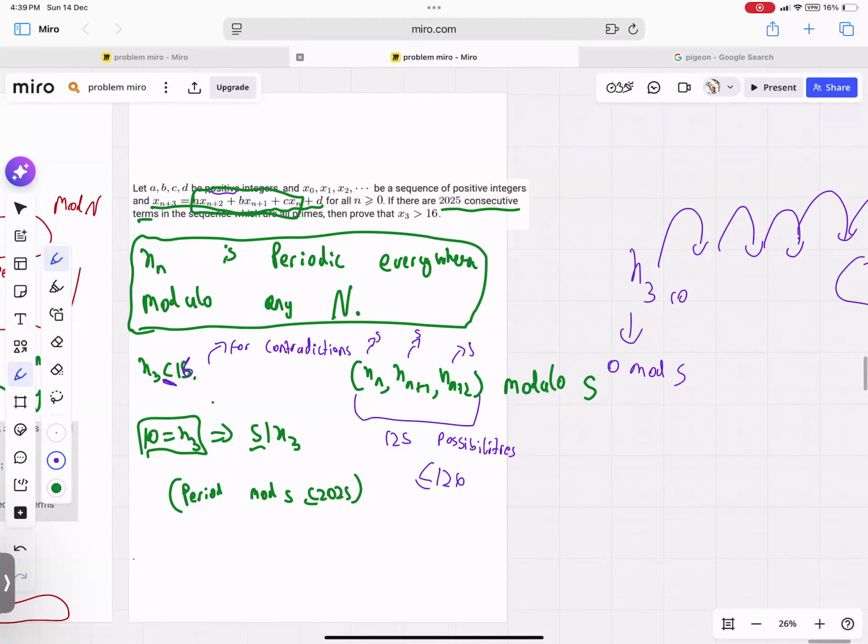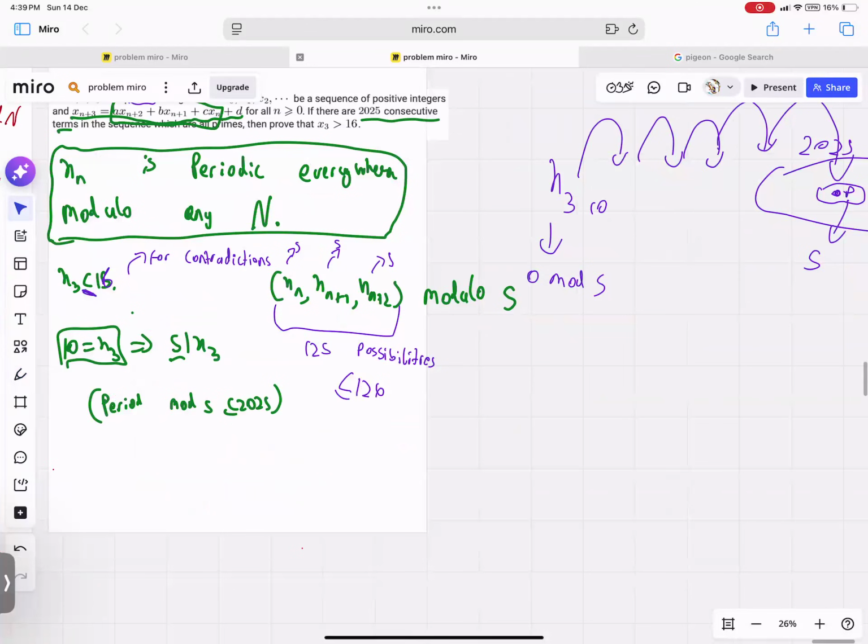So now, what's the maximum possible prime that can divide some number less than 16? 7, no, 11, 13. 13, yes. So say x3 is 13. Does the argument still work? I mean, all that has to happen is 13 cubed should be less than 2025, right?